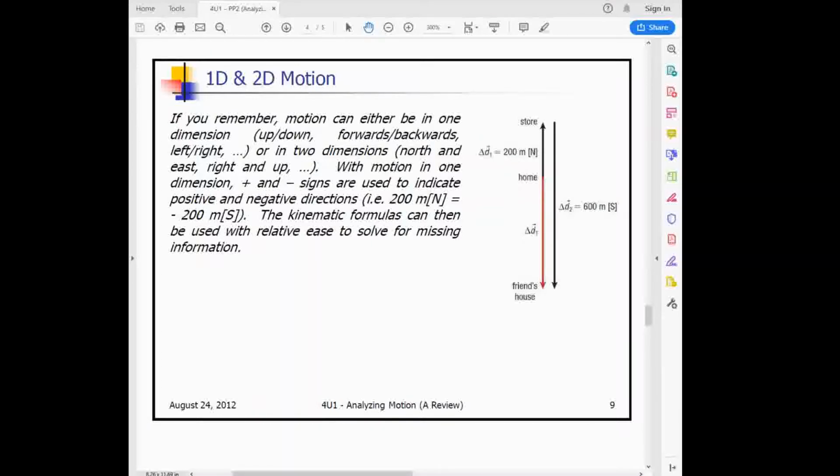Now, 200 meters north, for example, if we wanted to write that as a negative number, that's equivalent to negative 200 meters south. When we're writing down our vectors, and we're talking about 1 dimension, the negative sign also indicates a 180-degree change in the direction. So keep that in mind.